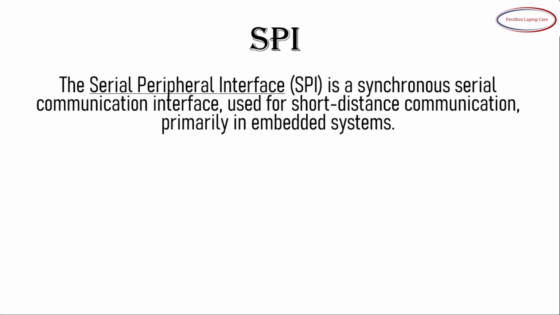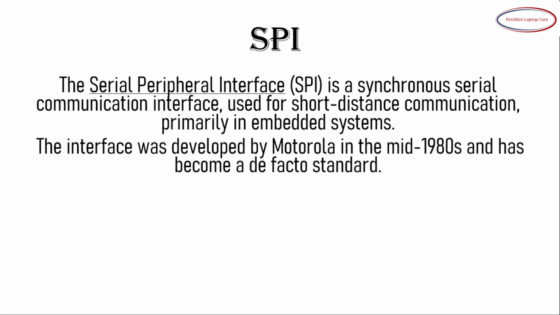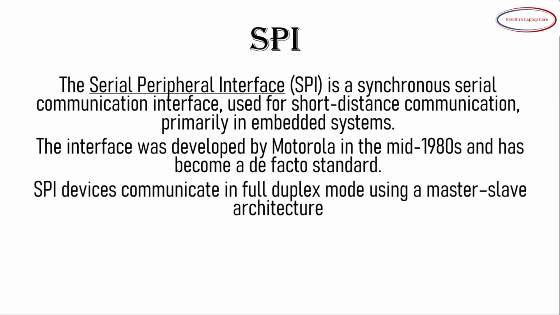The serial peripheral interface is a digital serial communication interface used for short distance communication, primarily in embedded systems. Okay, in ES we can find what it is. The interface was developed by Motorola in the mid-1980s and has become a de facto standard.